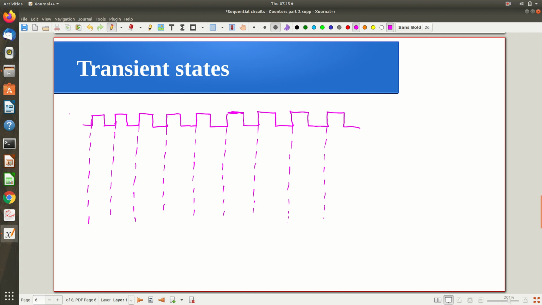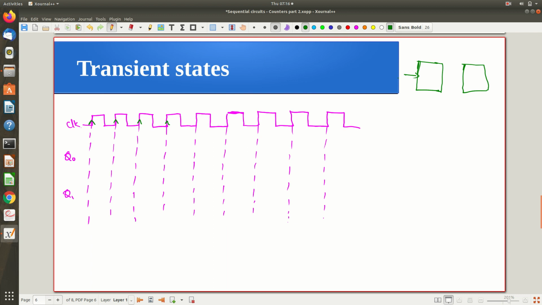Anyways, this is our original clock, and we are going to observe what our Q0 output and our Q1 output are. For that, let's take a different color. What we saw so far is that during the rising edge of the clock, the flip flop will be triggered. Hope you remember that we have just two T flip flops cascaded. This is the first one, this is the second one.